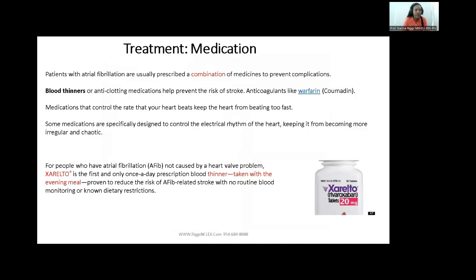Some more treatment. This is usually treated with a cocktail, a number of different drugs. You're never going to see just one. It's a regimen of things because we're trying to resolve a number of issues. So one of the treatments you're going to see is blood thinners. We need to keep the blood thin to prevent those thrombi we just saw.